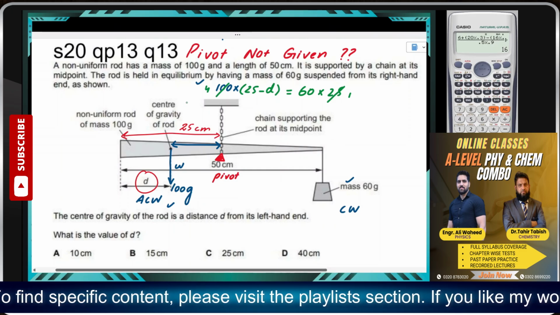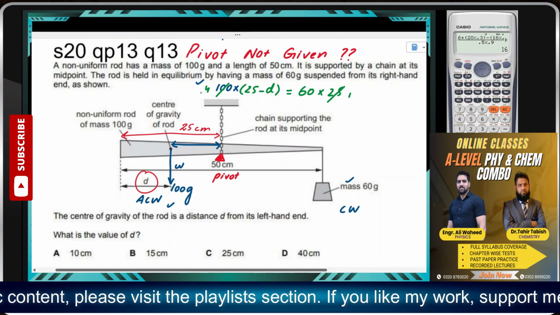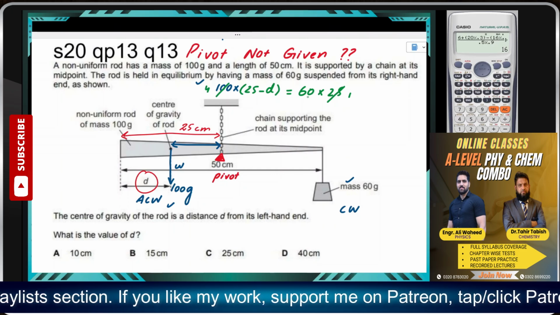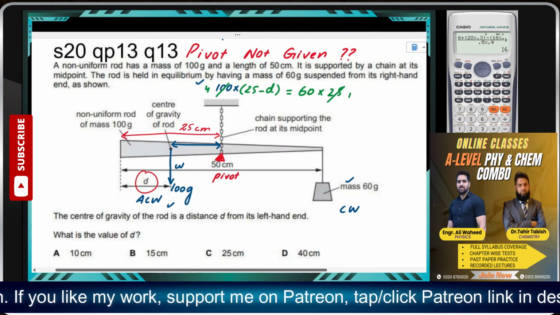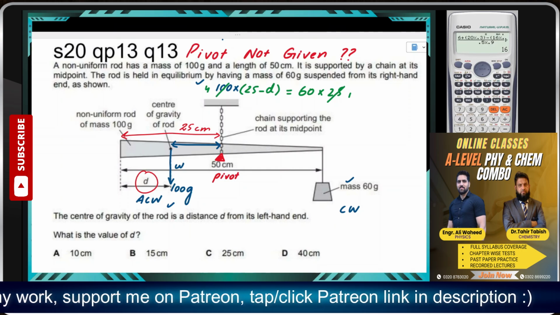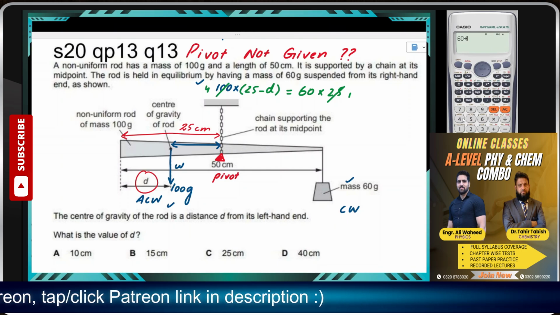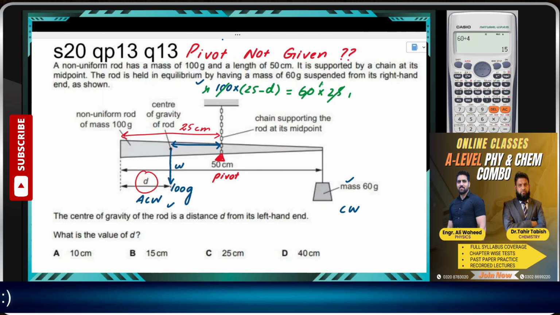At the same time, you can cross out 60 with 4, which would be 15, so 4 fifteens are 60.